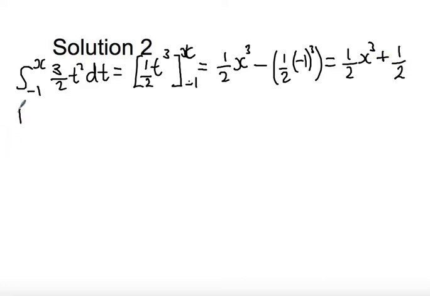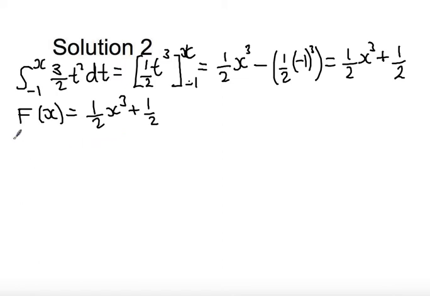And so F of x, the cumulative distribution function, is simply a half x cubed plus a half. And this is why we changed the variable inside this integral to t, so we can distinguish between t and x, and we integrate up to x so that we get left with a variable in the function.